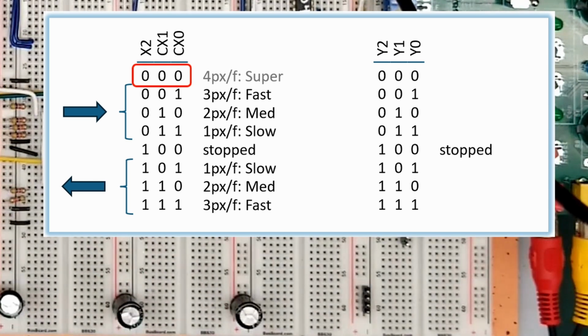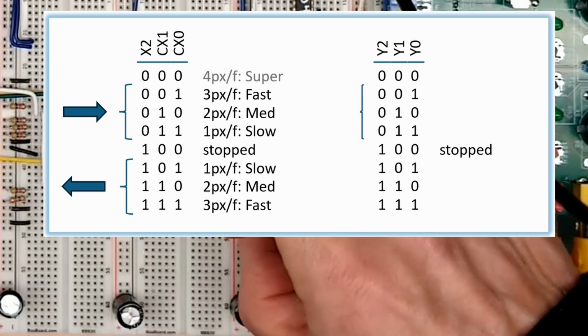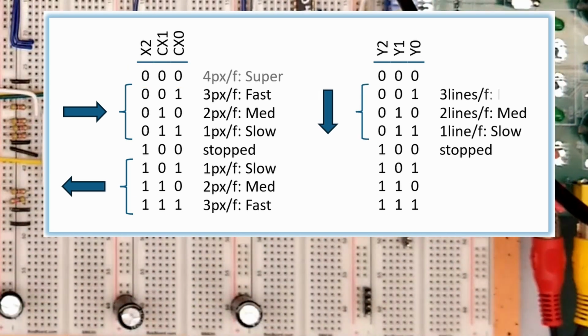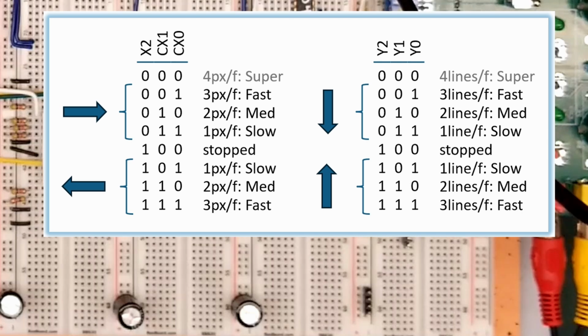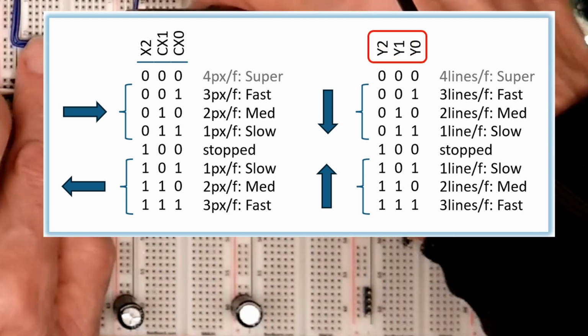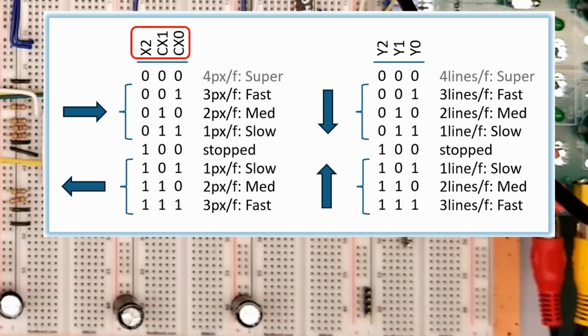Now the y-axis bias values are similar. Loads less than 4 take longer than the vertical count, so the ball will move down, and loading values greater than 4 moves the ball up. You'll notice that we have y0, 1, and 2, but cx0, 1, and 2.